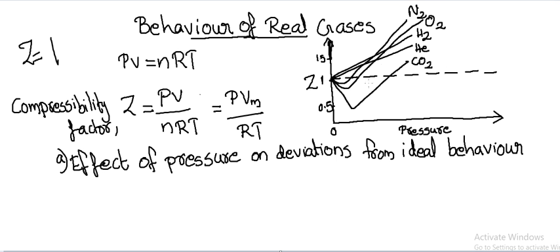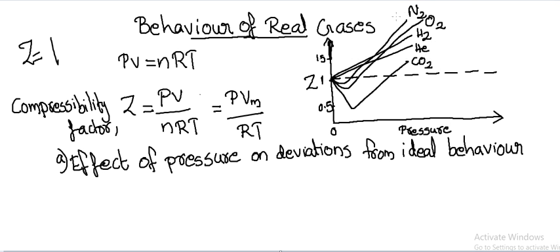This is the plot. Here the nature and magnitude of deviations from ideal gas behavior is exemplified by a plot of compressibility factor versus pressure at 0 degrees Celsius for some of the gases.